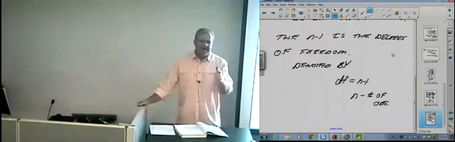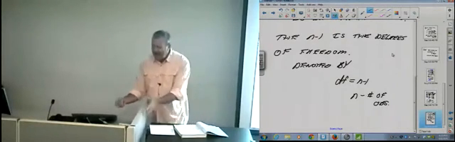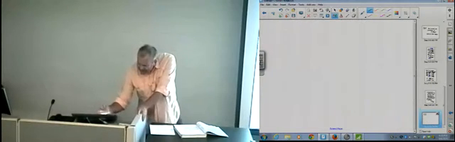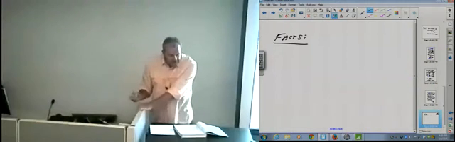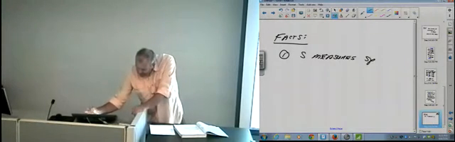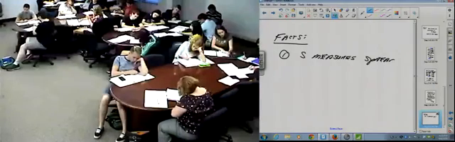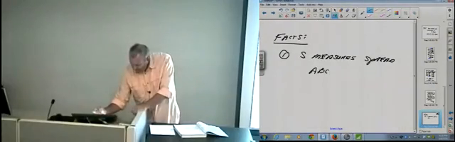I want to give you some facts. The facts to me are more important to what's going on with us than standing here and calculating it. So my facts go like this. The first one is s measures spread about the mean x bar.